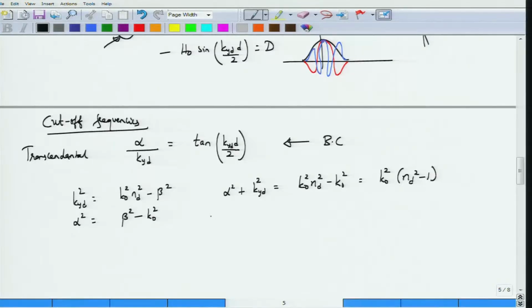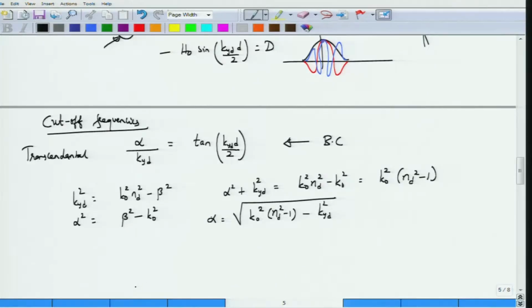Now I can express alpha in terms of kyd: alpha equals square root of k0 square (nd square minus 1) minus kyd square. Remember, whenever you have a kyd value which is non-zero, there will be a mode which is propagating. So this is your expression for alpha.